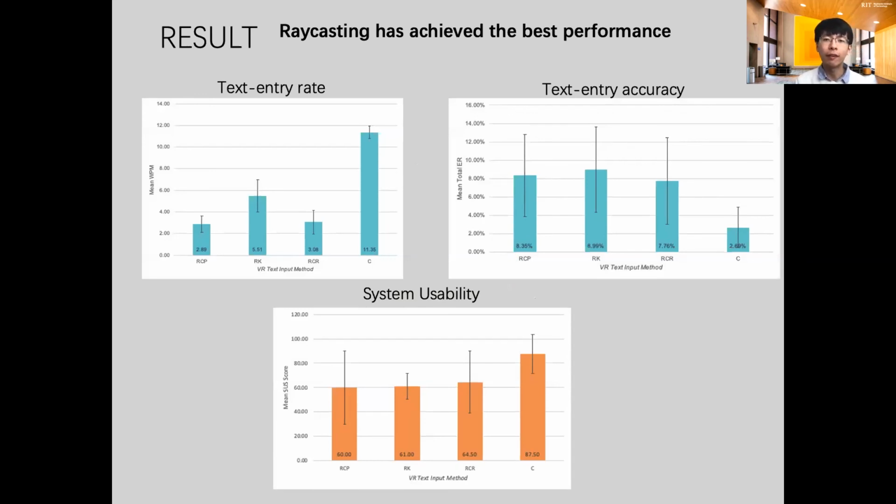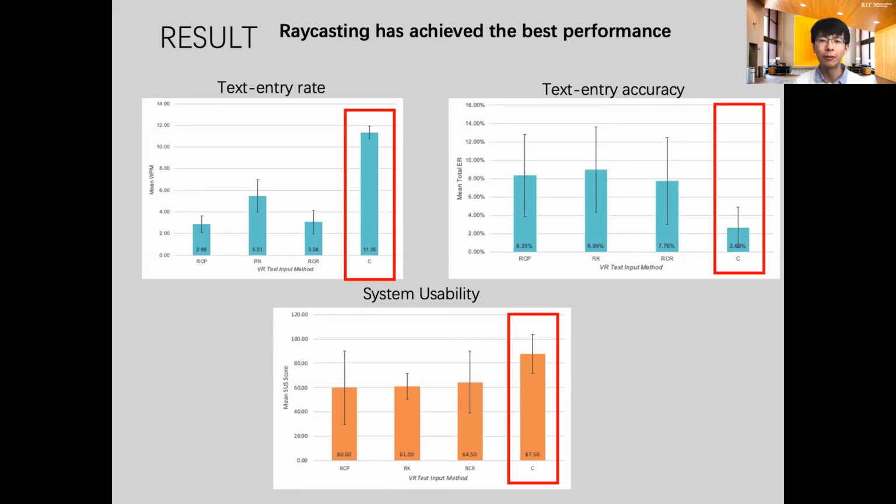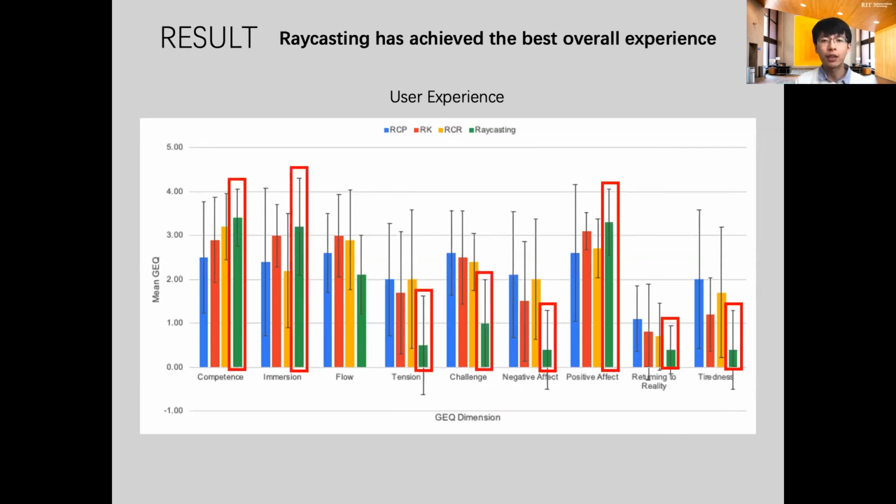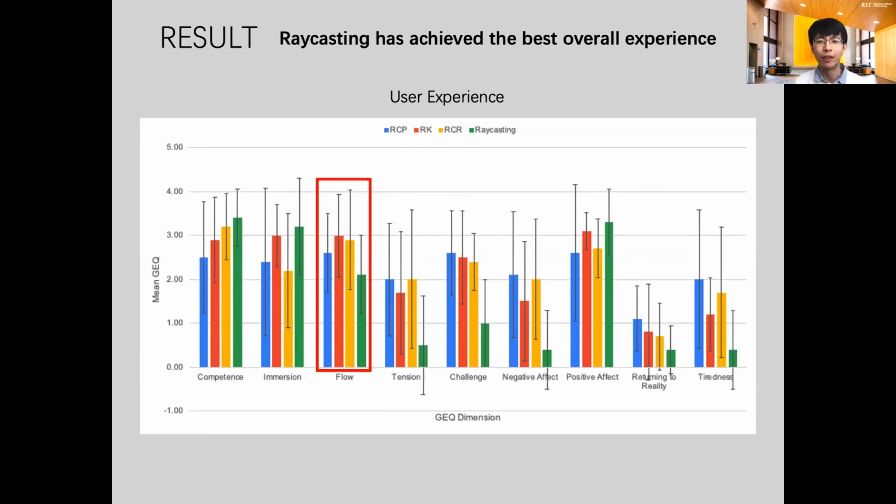Overall, in this evaluation study, we found that raycasting achieved the best performance on the text entry rate, text entry accuracy, and the system usability results, as we can see on the 4th pillar. As for the user experience, it surpassed the 3 RotateEntry text input methods on all GEQ dimensions, except for the float.